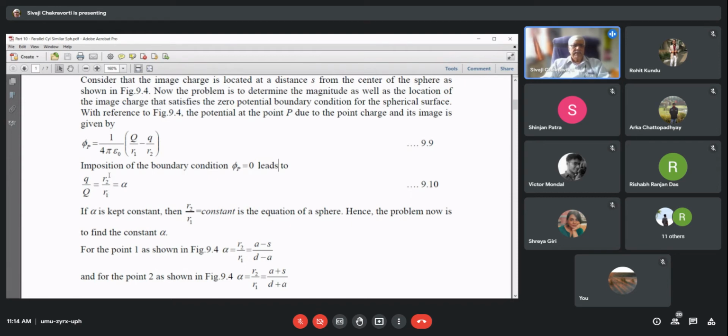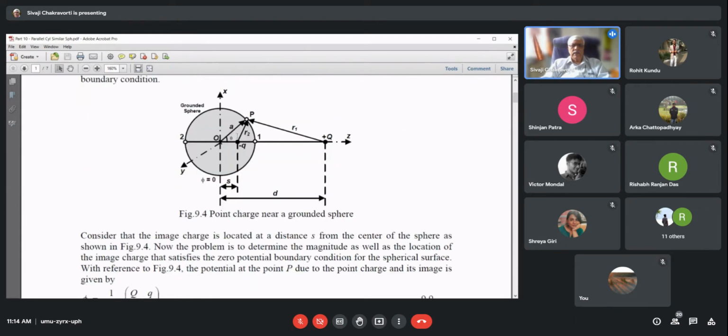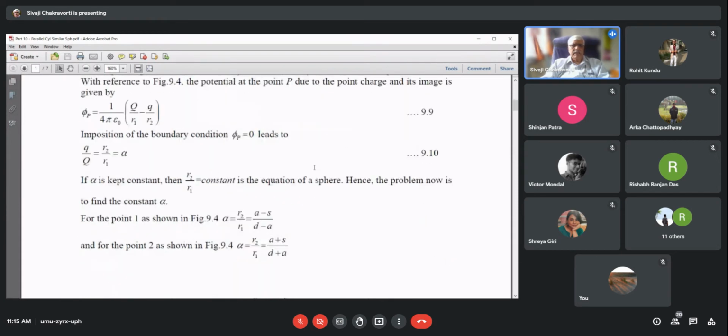Now, if I take this ratio as a constant alpha, and if R2 by R1 is constant, look at this diagram. If this is the constraint, then what you get is a spherical surface. This is very standard geometry, so no big mathematics is involved here.